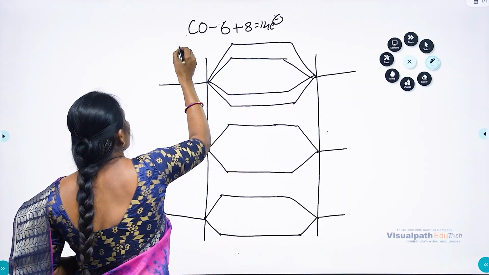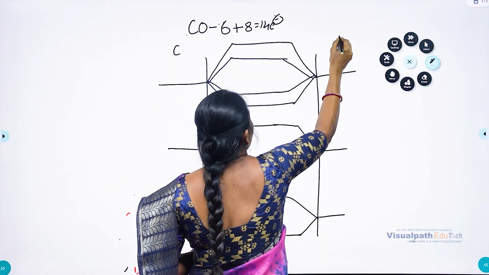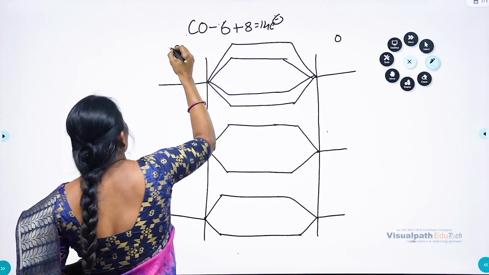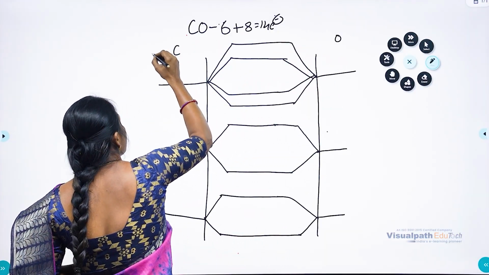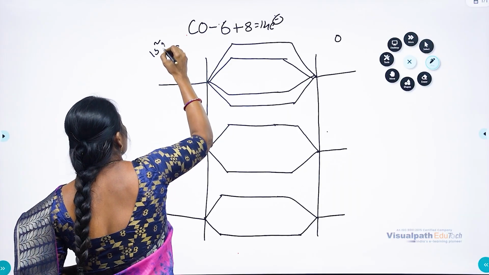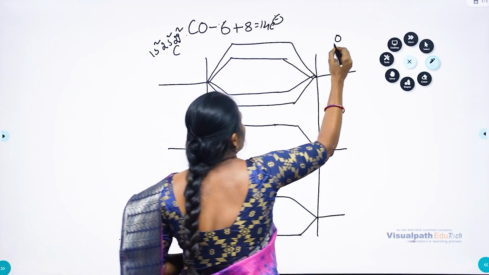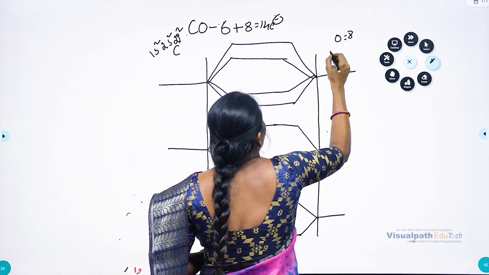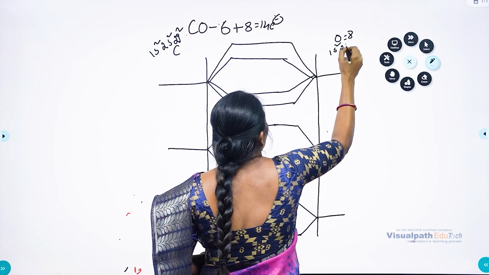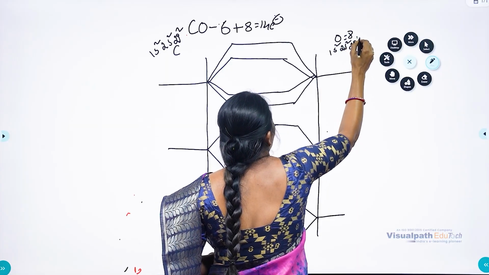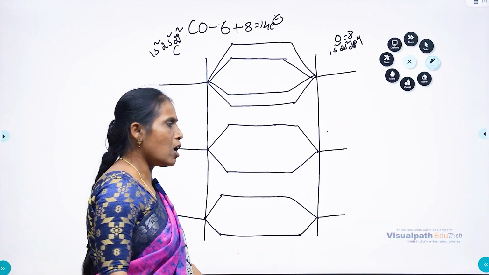Here, one is the carbon atom and another one is the oxygen atom. Already we know carbon has atomic number 6, so its electronic configuration is 1s2, 2s2, 2p2. And oxygen has 8, so it is 1s2, 2s2, 2p4. It is the electronic configuration of the oxygen.